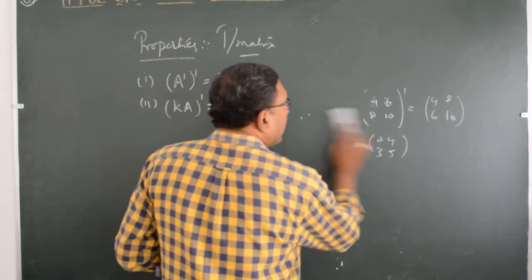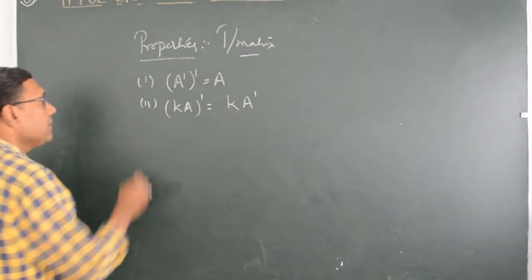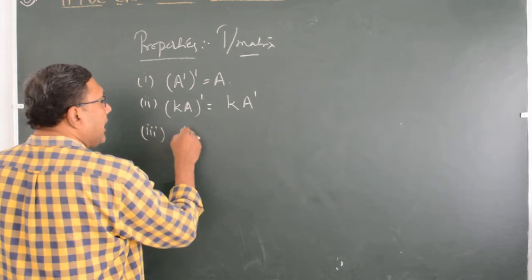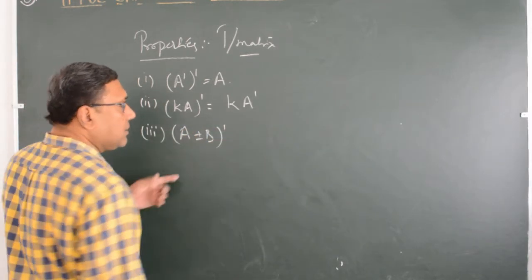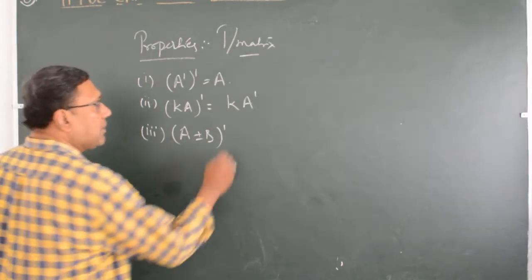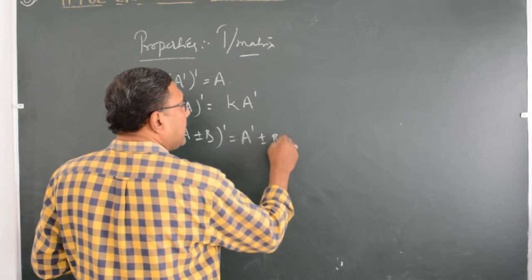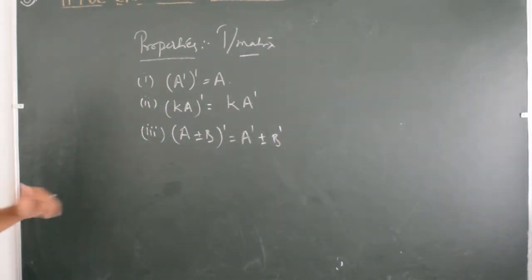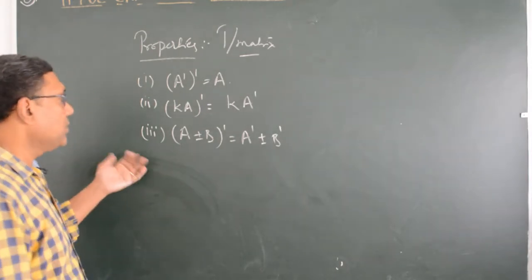Okay, let us see the third property. It says, you have matrix A and matrix B, plus or minus, whatever operation you do, then the transpose will be A transpose plus or minus B transpose. This property holds really well when you are working examples on two matrices.